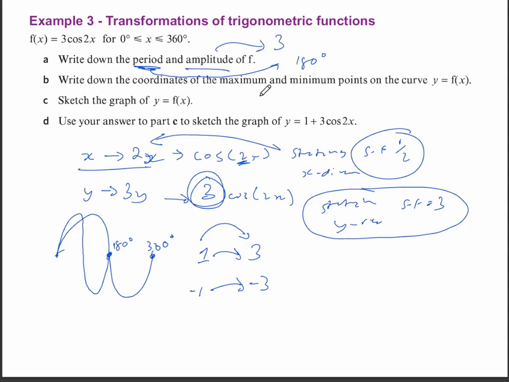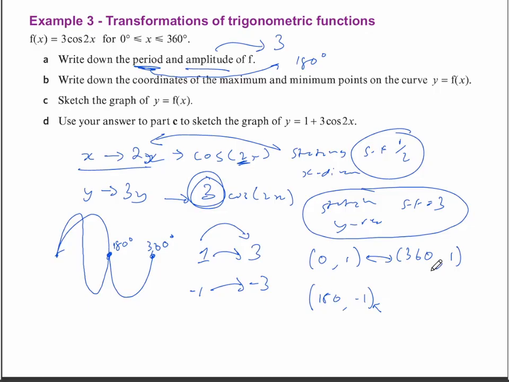Then the coordinates of the maximum and the minimum points on the curve y goes to f of x. Remember, the maximum and minimum points for the cos graph is firstly at 0, 1, yeah, and then it's at 180 and negative 1, then it's at 360 and 1 again. Obviously these two are maximum, and this is a minimum right here. Now because of this, it has been stretched by scale factor half, which means when our degrees are 0, now the degrees are going to be 0 times a half, which is still 0.